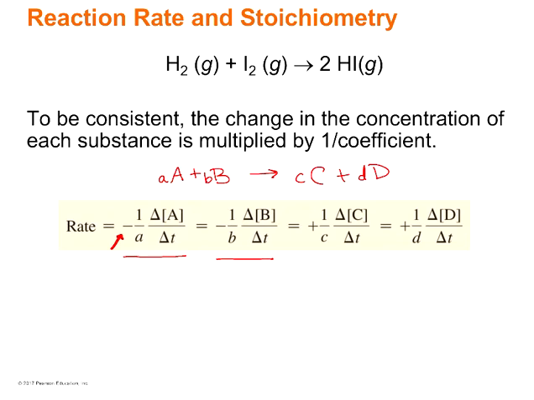So for C, we would have positive 1 over the coefficient for C times the change in concentration of C over the change in time. And then we'd have a similar expression for D. So, for example, let's write out these rate equalities for the reaction above.